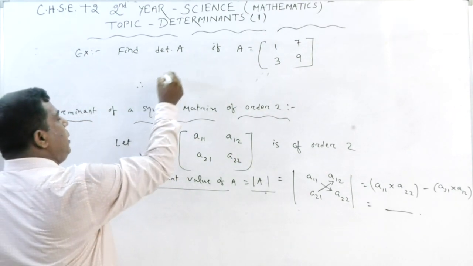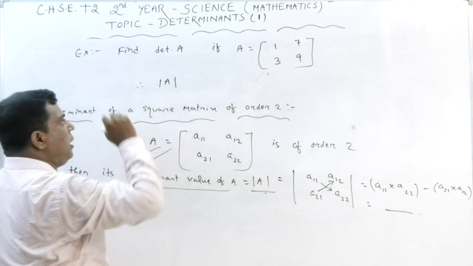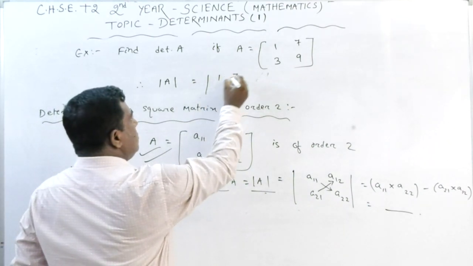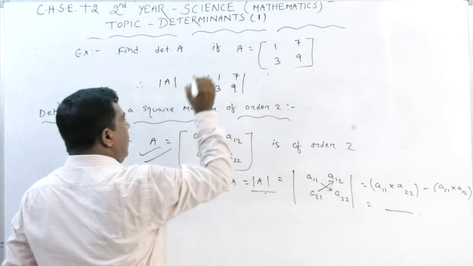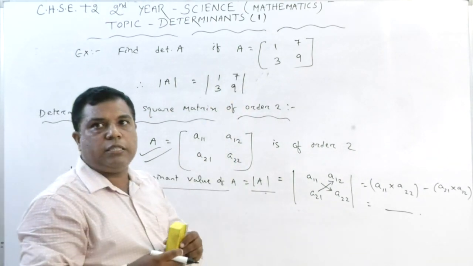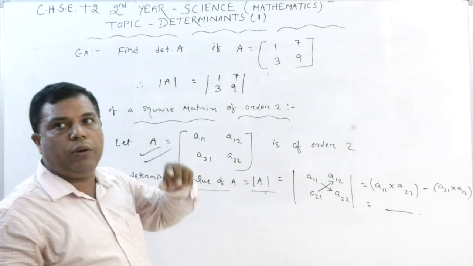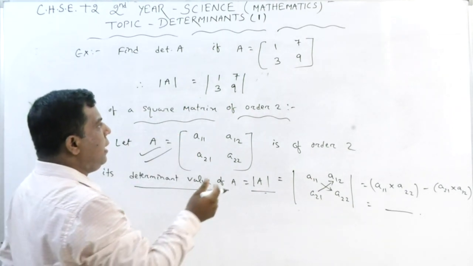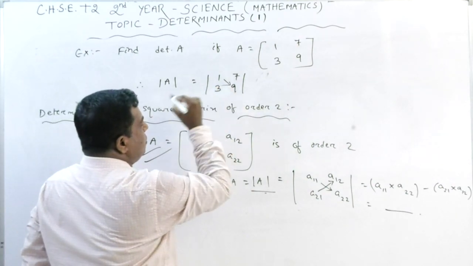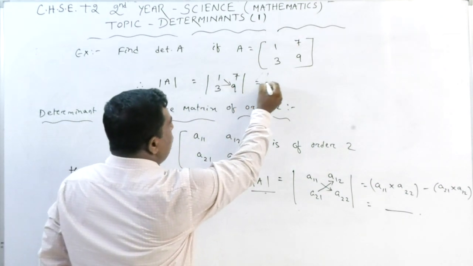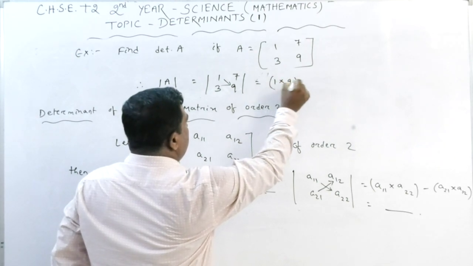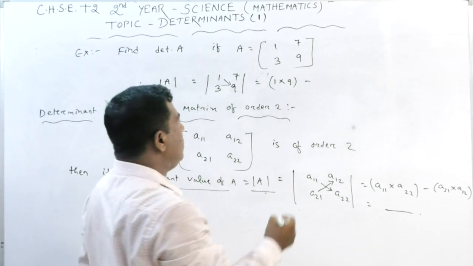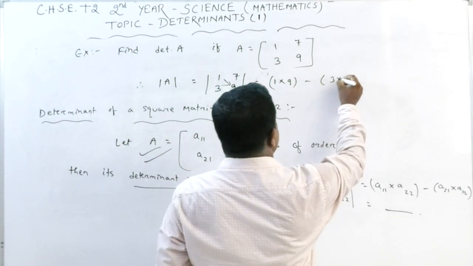Therefore the determinant value of this matrix, the determinant is denoted like this, and it means this one. And it is not just an arrangement of numbers. We have to find the value attached with this representation. And how to find the value? As I told you, I have to multiply the diagonal elements, that is 1 multiplied by 9, minus the multiplication of the other diagonal, that is 3 multiplied with 7.